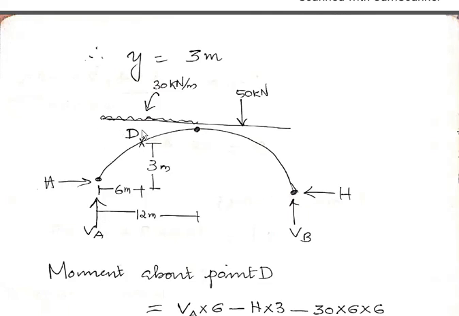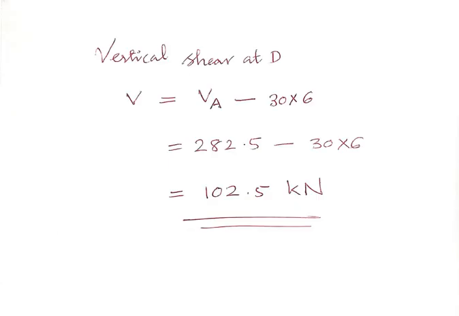The distance up to the point D is 6. So the vertical shear at D is equal to VA minus 30 into 6. Substitute the value of VA, and here we get the value of vertical shear at D: capital V is equal to 102.5 kilonewton.